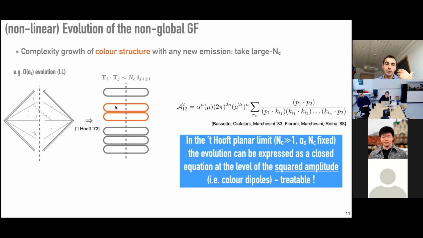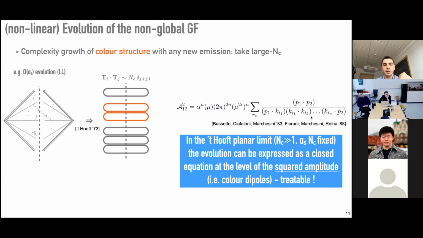So the simplification is dramatic, and such that one can even write, crucially, the expression of the squared amplitude for the exchange of a soft gluon between a process with n external legs. And this is organized as a collection of color dipoles.